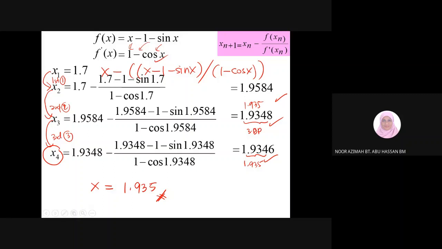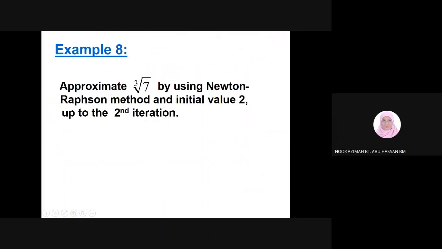Okay? Okay, finally, moving on to the last question, example A. Okay, approximate root of 7 by using Newton-Raphson method and initial value of 2 up to the second iteration.